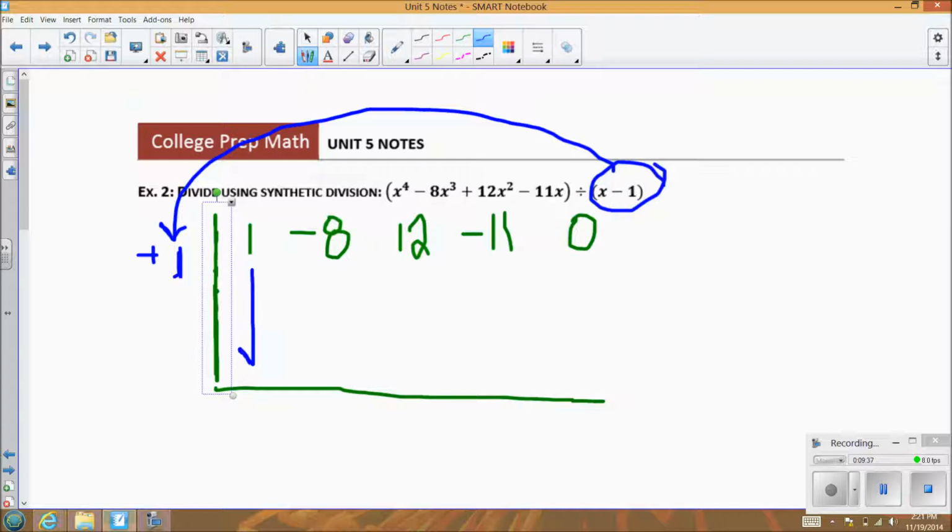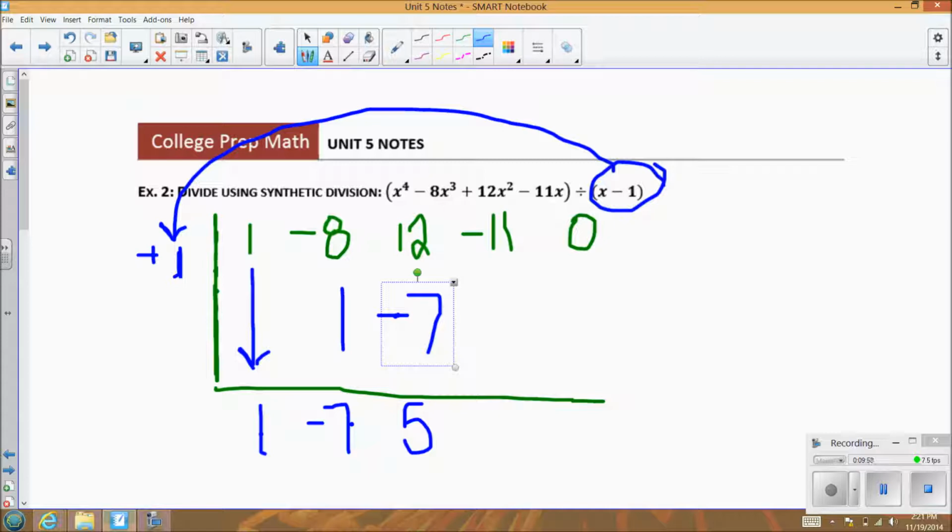So we start by carrying down the first term, we get 1, and then we're going to multiply. 1 times 1 is going to give me 1, so that goes in the next spot. Then we add vertically, so I have negative 7. Negative 7 times 1 is going to give me negative 7. 12 minus 7 gives me 5, or 12 plus negative 7, same idea. 5 times 1 gives me 5.